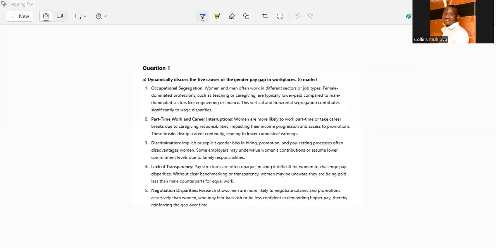So I was trying to break it down to explain to you. Occupational segregation refers to the concentration of men and women in different job types or industries. So we have 2 types, the classifications of horizontal segregation and vertical segregation.